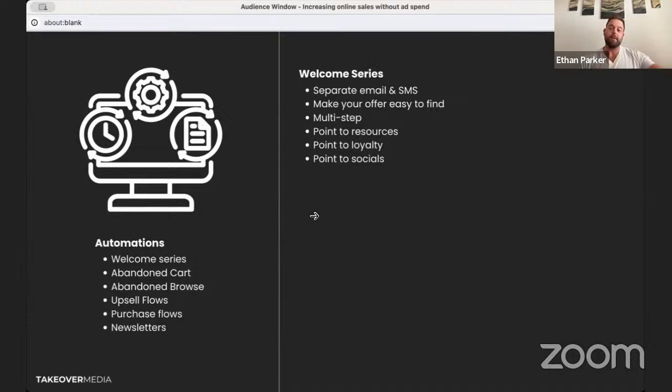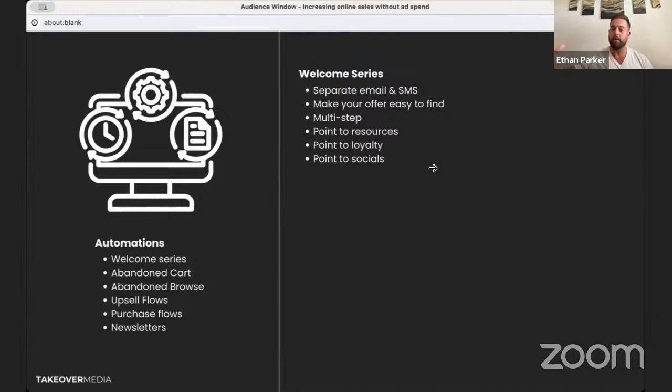Remember, it's going to be multi-step, so you don't have to throw the whole kitchen sink at them in the first email. Think about the customer experience, keep that one lightweight, and you can follow it up with more valuable information on a 3 to 4 day cadence. Point to your resources, point to your loyalty, and point to your social. If you have any blogs, guides, downloads, quizzes, anything like that, point to that in an email, and I would have one focused on that.